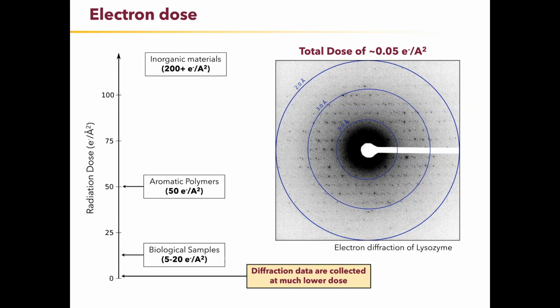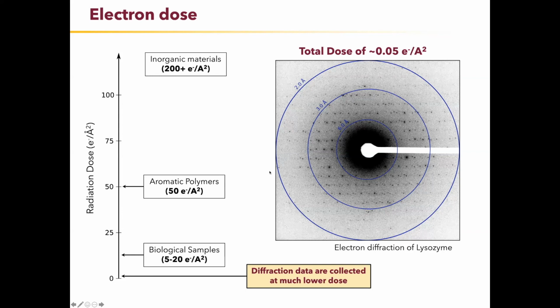So you can see here, normally you're collecting data around 5 to 10, 20 electrons per angstrom squared for biological samples. If you consider this somewhat of a limit to how much dose you can give your sample, and you need to collect a whole range of images from one crystal, that means you have to collect data at significantly lower doses than this 5 to 20 electrons per angstrom squared.